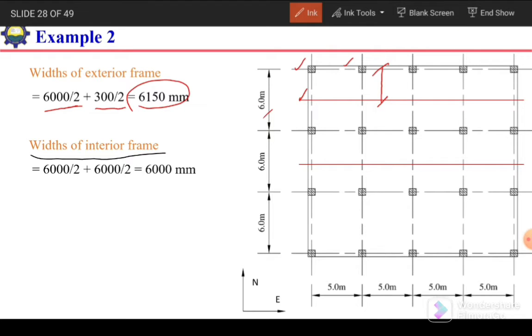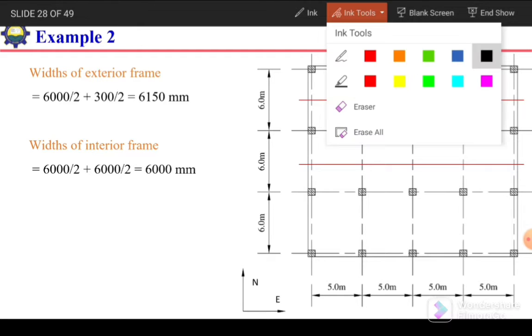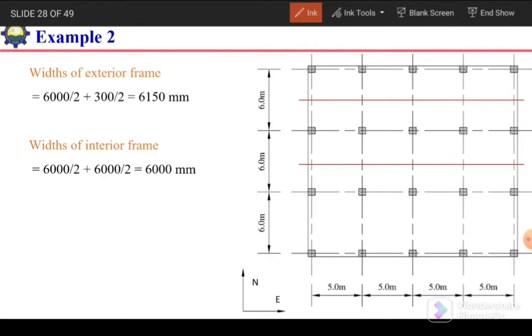So the width of interior frame is from this red line up to this red line, from the center line of this panel up to the center line of this panel.